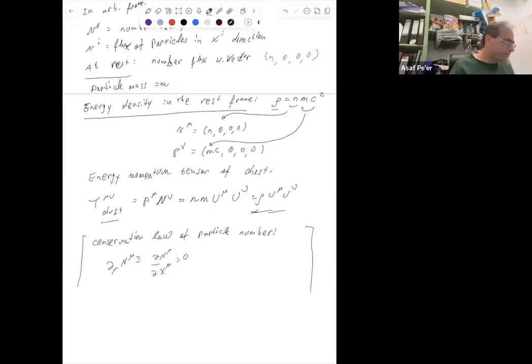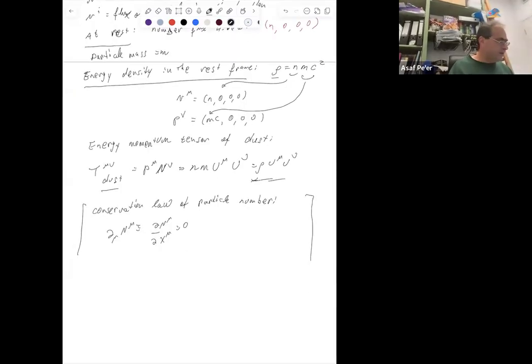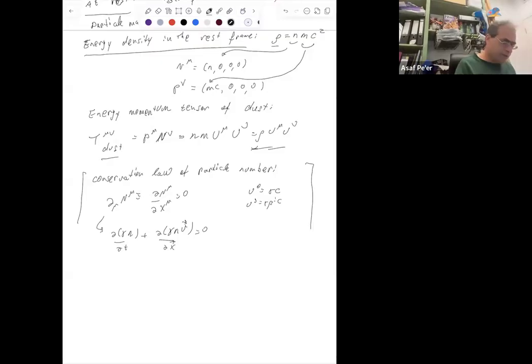This is very elegant, because if I express this using what we saw earlier, that u0 is gamma c and ui is gamma beta i c, you'll find that what is really written here, the zeroth component, is d gamma n over dt plus d gamma n v over dx equal to 0, which is just d gamma n over dt plus nabla dot gamma n v equal to 0.